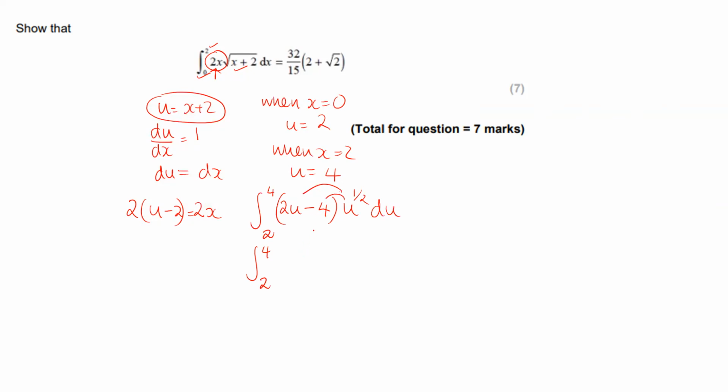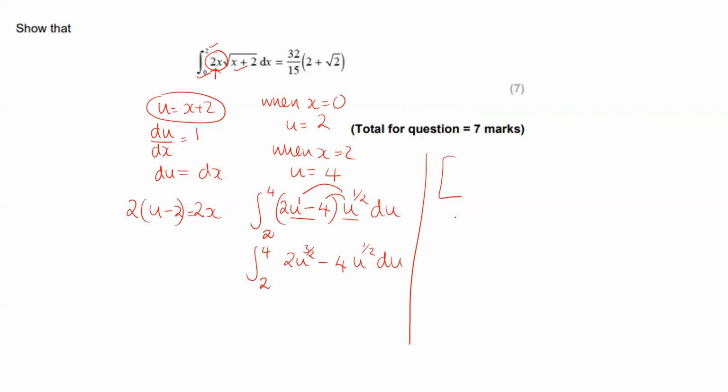Because we've now got this multiplied by this, let's multiply that in. 2u times u to the half, well, you've got u to the 1 times u to the half, so 3/2. And then minus 4u to the half. Now we haven't integrated yet.